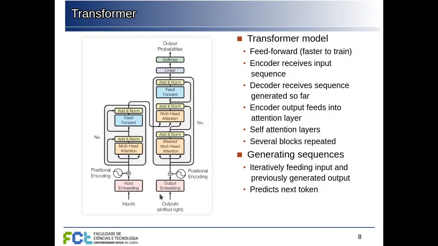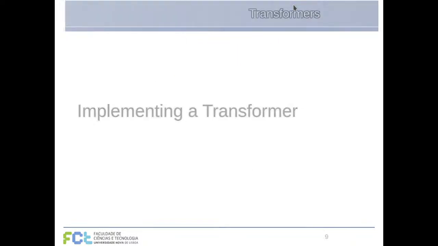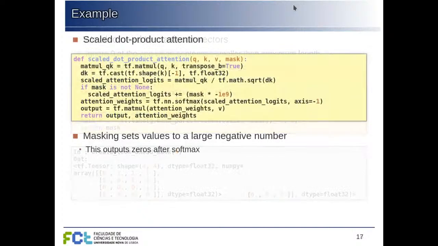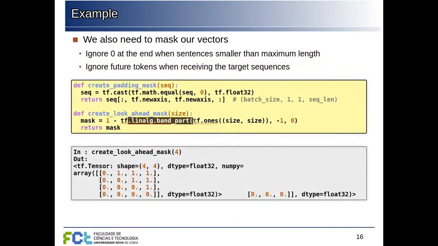So if we have the target sequence, and we're going to see this in training, we need to hide the next token so that the model does not learn to output a prediction by looking at the token that should appear next. So we need this mask to hide that next token and get the prediction only from the previous ones. So basically what this does is uses this band part method to create this diagonal.